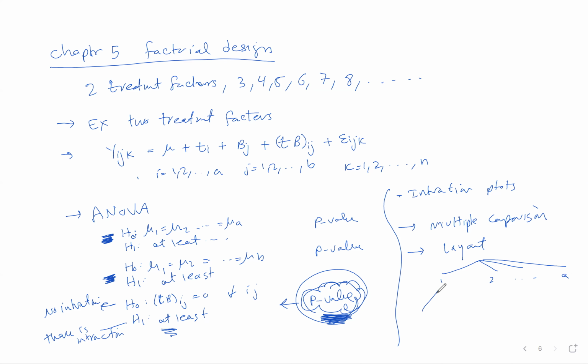Within each level of the first treatment factor, you have the levels of the second treatment factor, and so on. This is one way to write down the layout, but there are many other ways. So this is chapter 5. This can be generalized to any number of treatment factors. Any question about chapter 5?